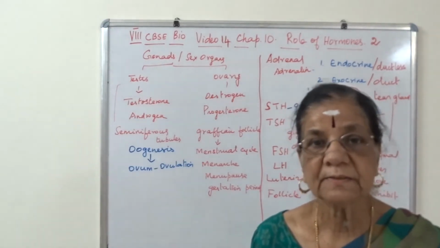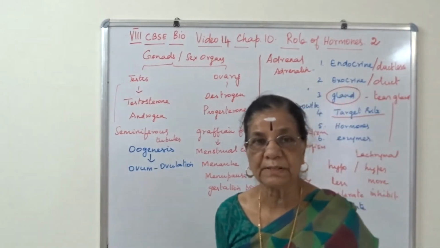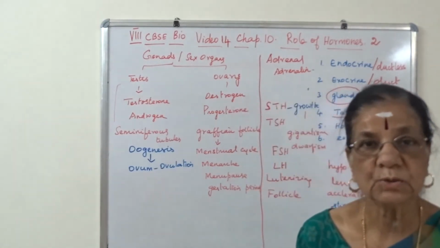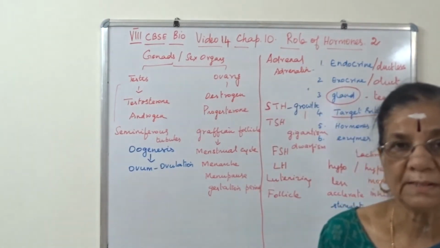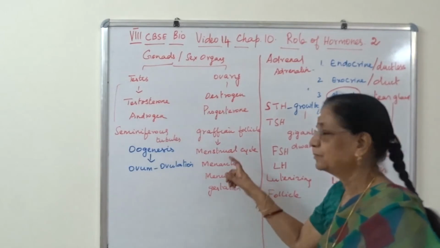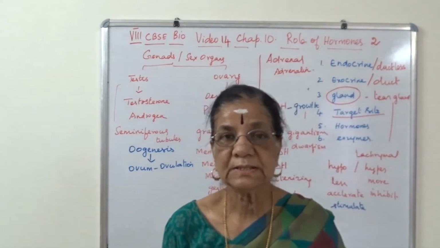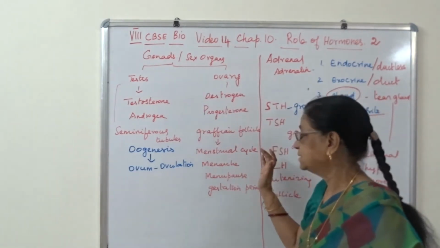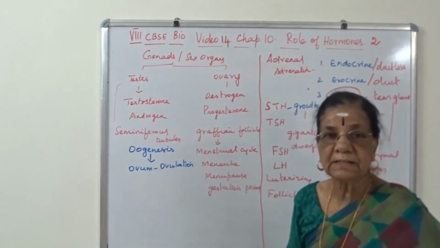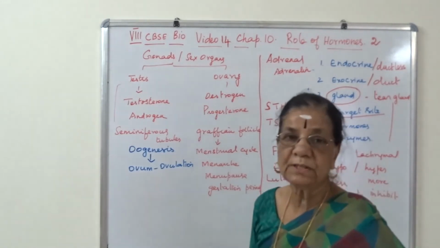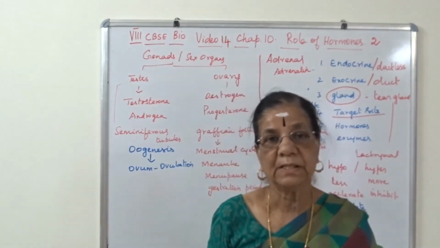So if that fertilization is not happening, that is sent out as menstrual blood. Okay, and that is menstrual cycle. This menstrual cycle is continued for every 28 days in female.